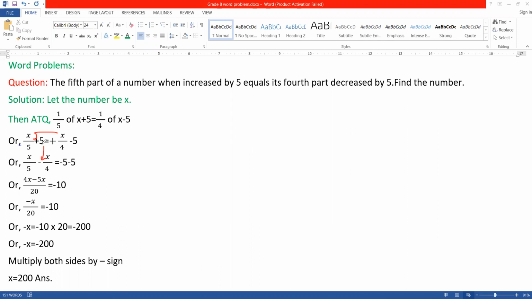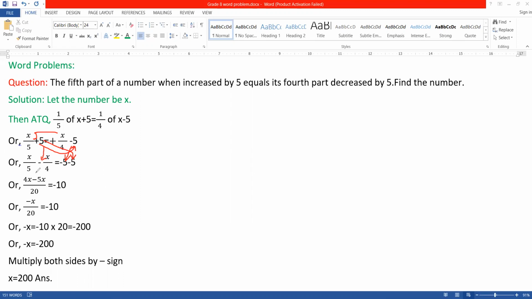So minus 5 is written as it is here, and this plus 5 is brought here by reversing its sign. Here was plus, that's why minus.